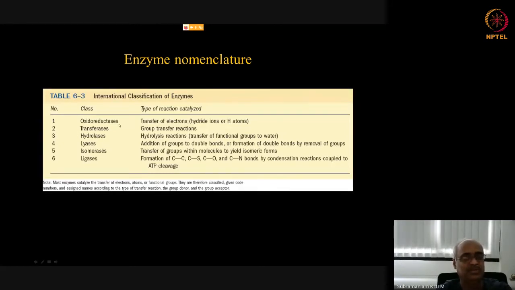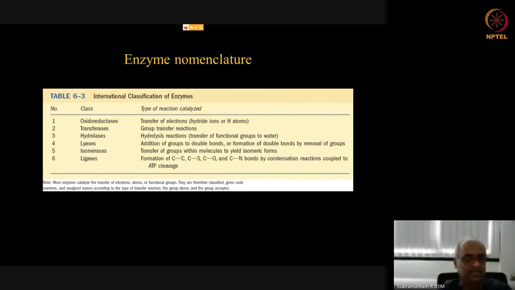The first one, oxidoreductases, involves transfer of electrons, either as hydride ions or protons. Either they oxidize or reduce, okay, so electron transfer. And transfer of other groups is done by transferases, like the one that we saw in the previous example, transfer of a phosphate group.